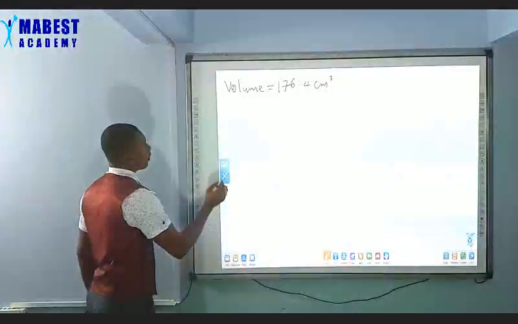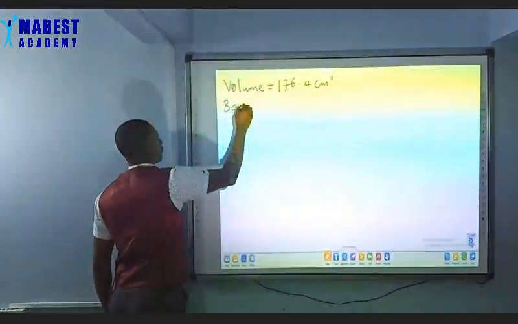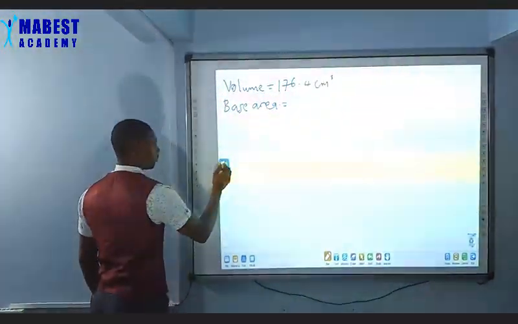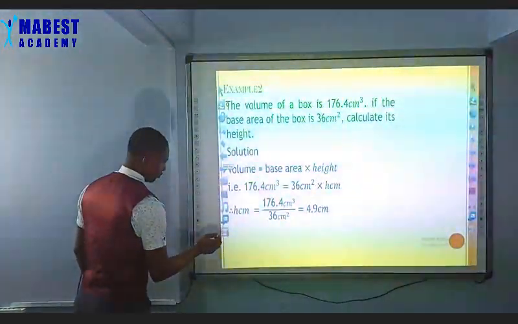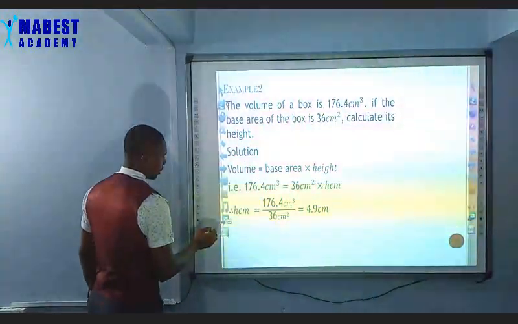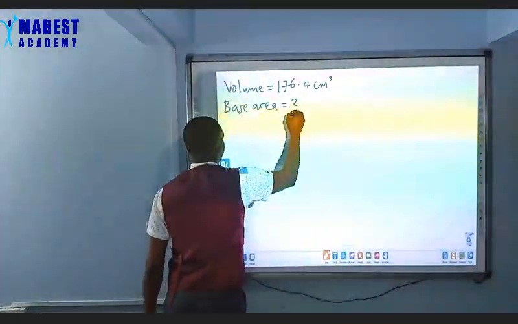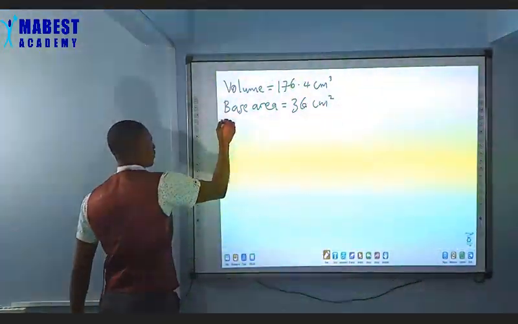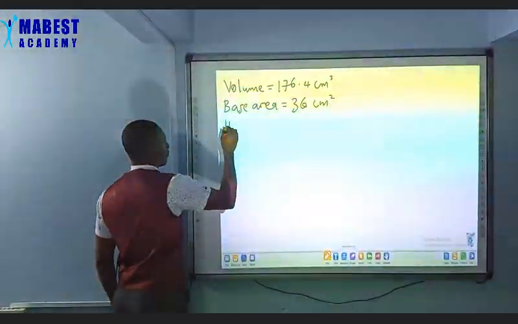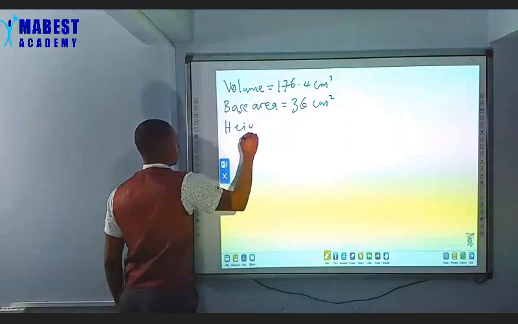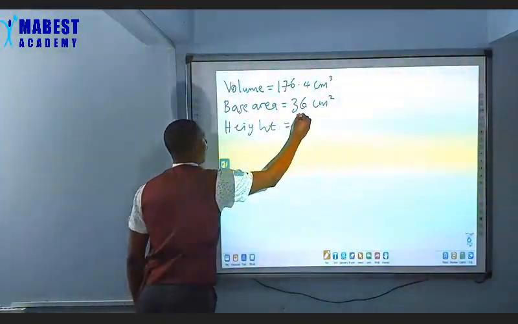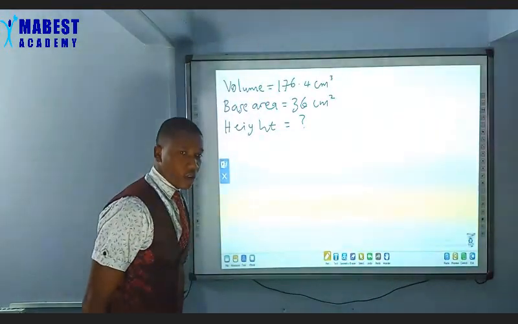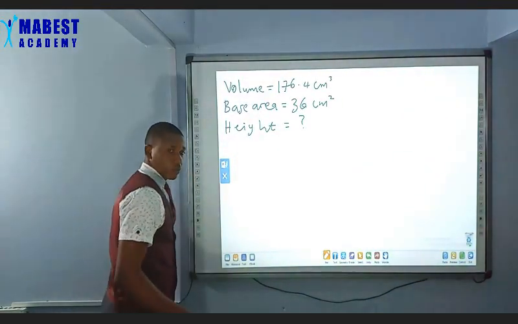And we're also given the base area as 36 centimeters squared. The question says we should find the height. The height is unknown. So who can tell us what we have to do?